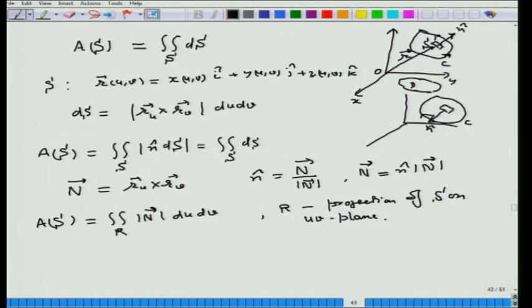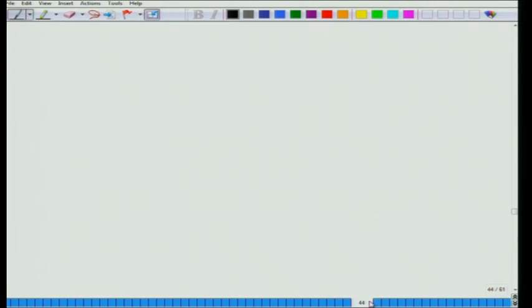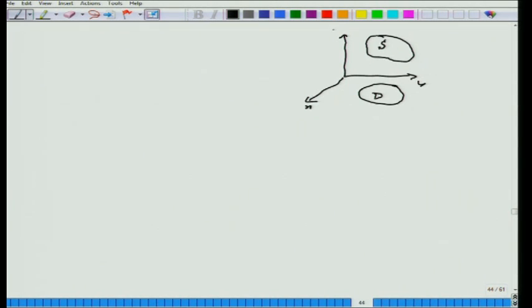In particular, if we take this case where the surface is projected onto the xy plane, so this is the surface S, and it is projected on this xy plane like this D. In this special case, our position vector r is given as x i plus y j plus, let us say this surface is given by z as a function of x, y.